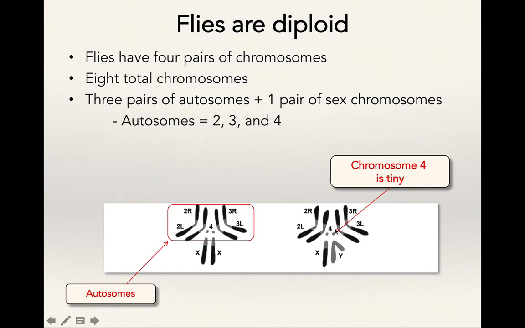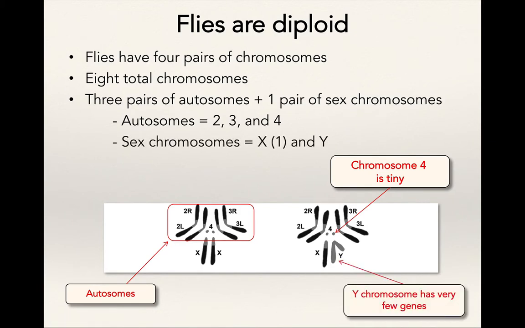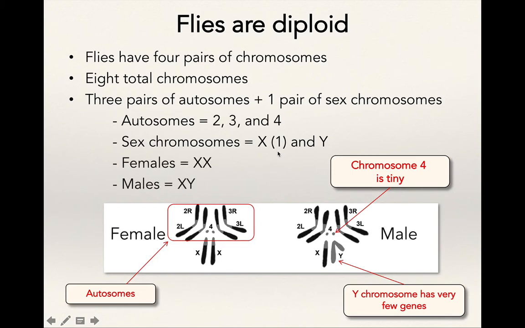You can see here that chromosome 4 is quite tiny. Sometimes it's called the dot chromosome. The sex chromosomes are the X chromosome and the Y chromosome, just like in humans. The X chromosome is also called the first chromosome. Females are XX, as shown here, and males are XY.